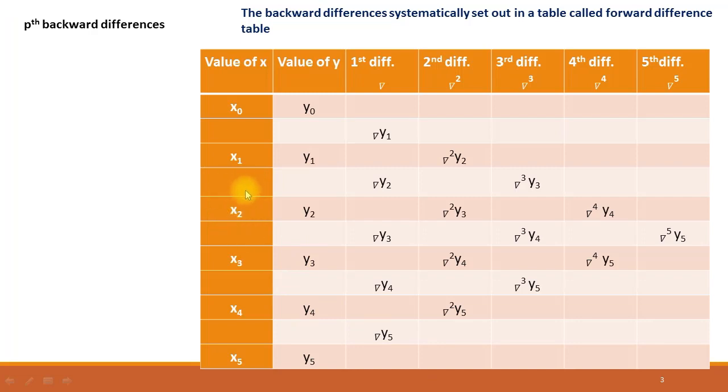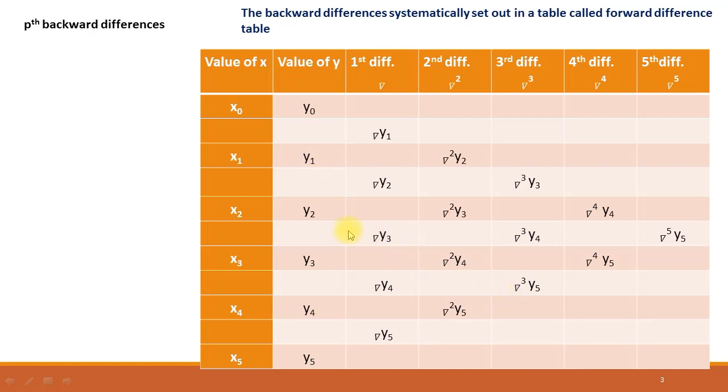Suppose x naught is x2. Then we take the value of y naught also in this third position from the top of the table, and take the value of differences from the top of the table at third position for each column corresponding to the position of x naught and y naught, which lies on this down diagonal.